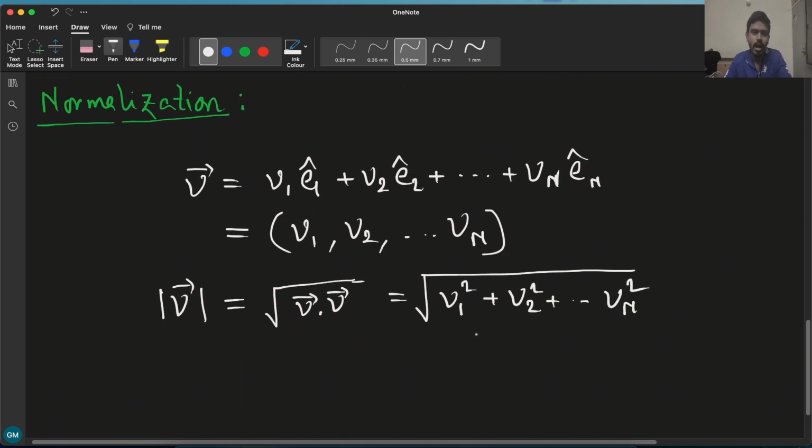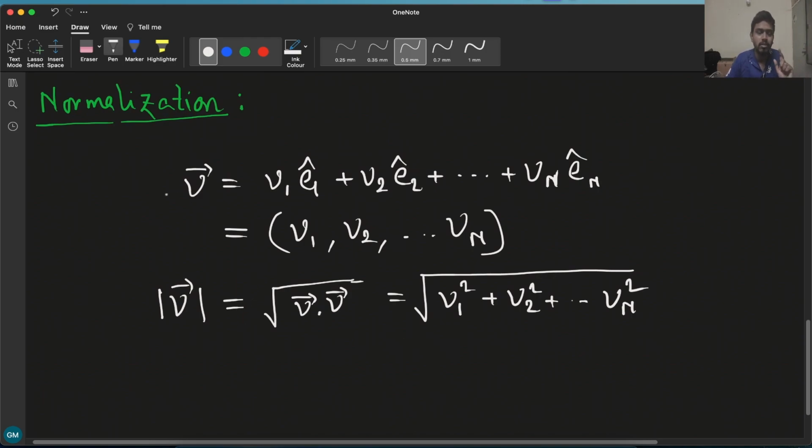And normalization means, if we want to normalize this vector v, the definition is the vector v divided by the norm of v. This is mod of v or norm of v. In case of three-dimensional directional vectors, it means finding a unit vector in the same direction as v. But in case of n dimensions, there is no such notion as a direction, so it's just the algebra that we are following.